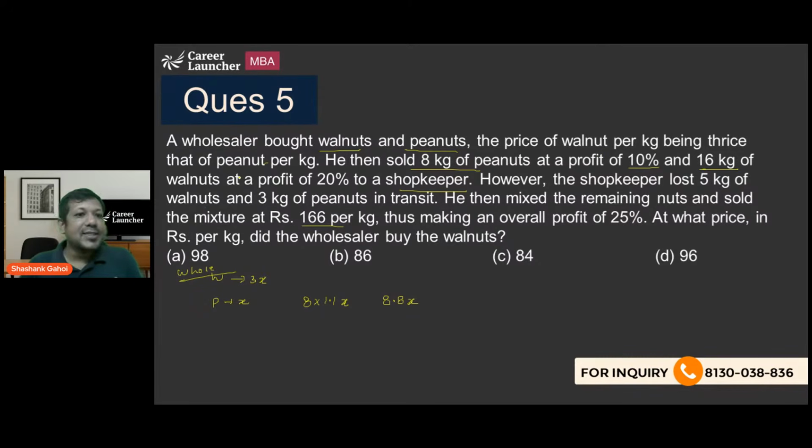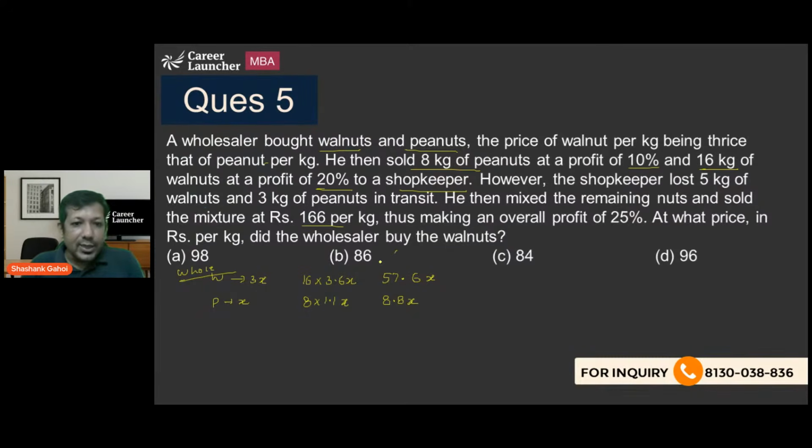So for the shopkeeper, this 8.8x becomes cost. He is selling 16 kg of walnuts at 20% profit, so he is selling 16 kg at 3.6x. So this is going to be 16 6s are 96, 9, 16 3s are 48, 48 plus 9, 57, 57.6.